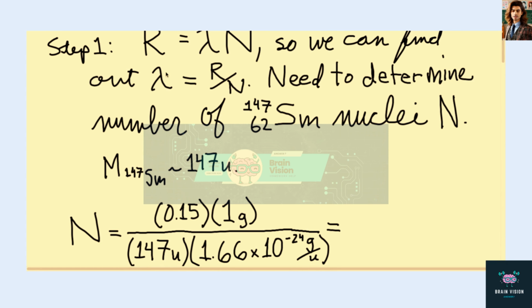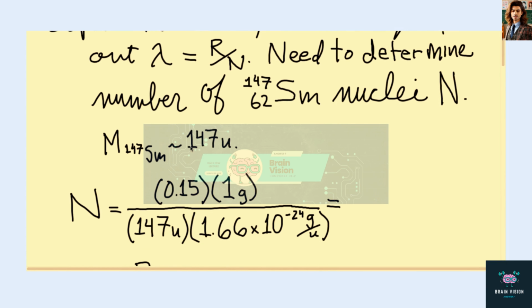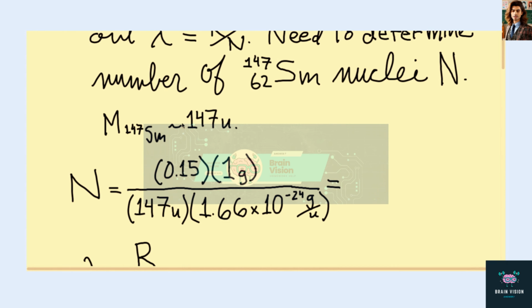Given this relation, we can find lambda as the proportion of activity to number of nuclei present. But we don't have the number n yet, so we'll need to determine that from the atomic mass of samarium-147.